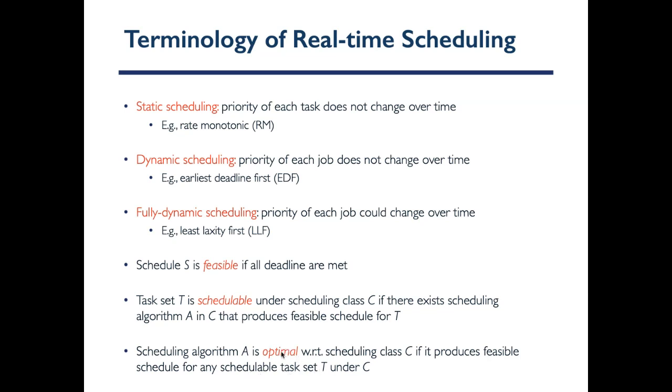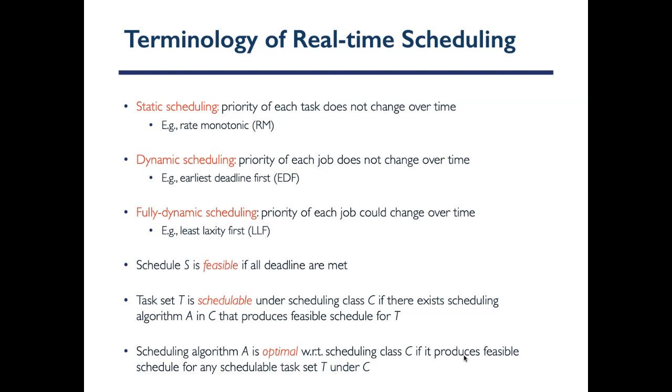So for optimality, we say a scheduling algorithm is optimal with respect to a class if it can produce feasible schedules for every schedulable task set. Basically, what that means is if there is another scheduler in this class that can produce a feasible schedule for this task set, then I can also do it.